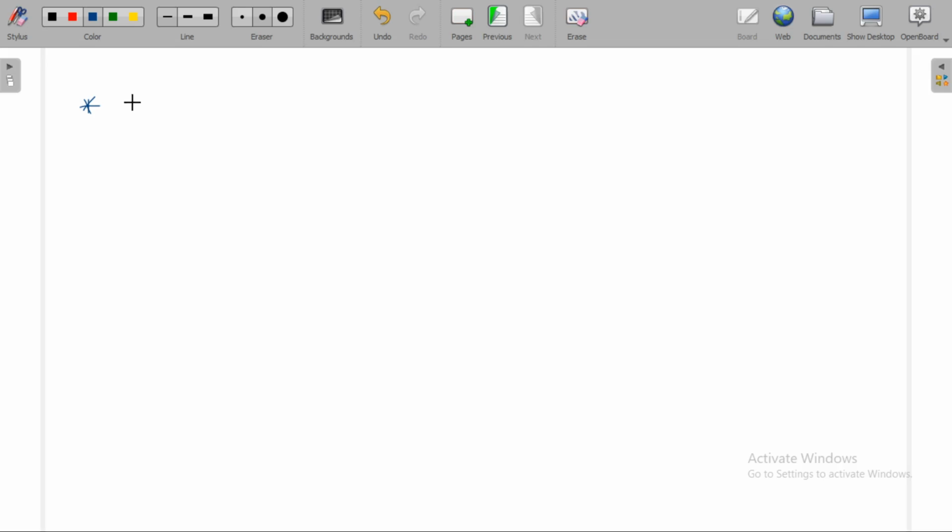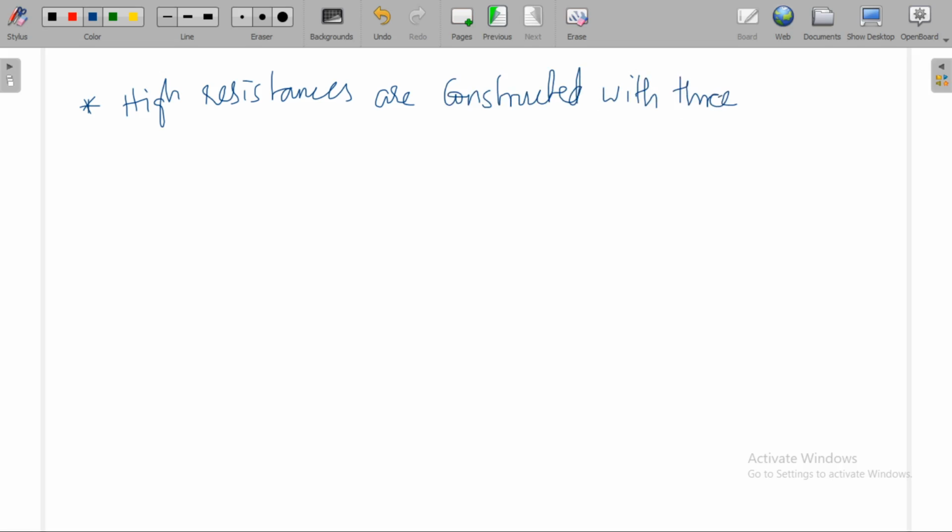We have one statement: high resistances are constructed with 3 terminals. Why is high resistance constructed with 3 terminals? Because to eliminate leakage current.